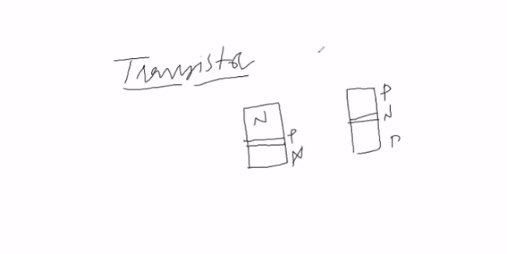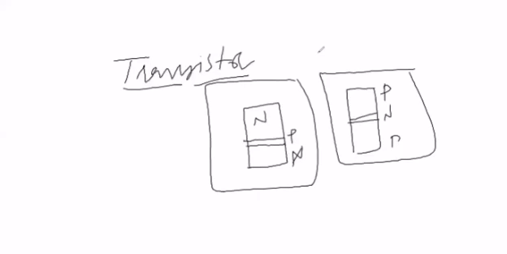These are two types of transistor, PNP and NPN. But we will only discuss the NPN transistor because most books discuss this type of transistor, and the PNP transistor is also the same, only the direction of current is different. So in an NPN transistor, this is N type material.